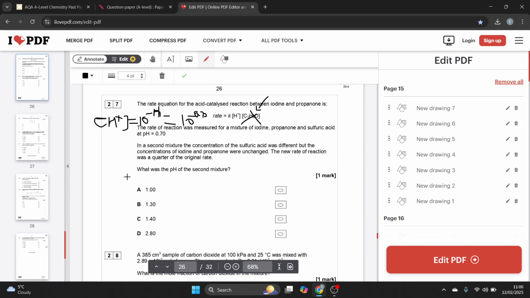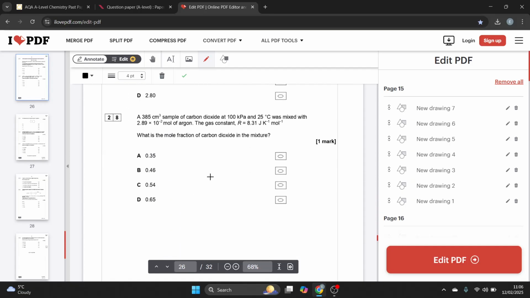It's a quarter of the original. Times by 1/4, and then to find the pH, pH is minus log 10 of the concentration of H plus. So minus log 10 of my answer, and I get 1.30. 27B. Question 28. What's the mole fraction of carbon dioxide in the mixture?